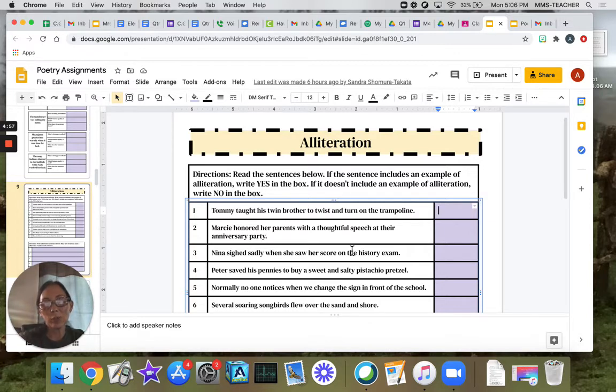Number 2, Marcy honored her parents with a thoughtful speech at their anniversary party. Number 3, Nina sighed sadly when she saw her score on the history exam. Now remember, if the sentence is an example of alliteration, write yes.